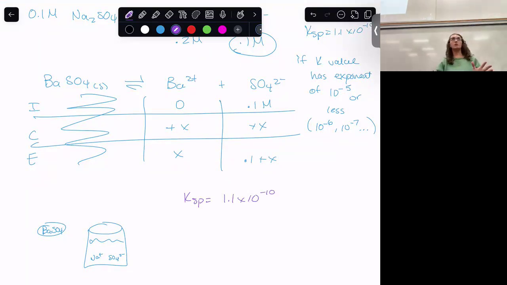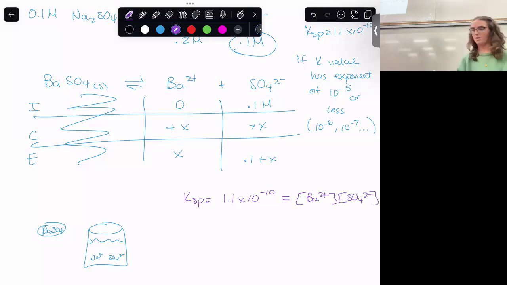Because equilibrium is dependent on temperature. We didn't change the temperature. It's still equaling this. We just have varying concentrations of those ions in solution. So this is still the concentration of barium 2 plus and SO4 2 minus.